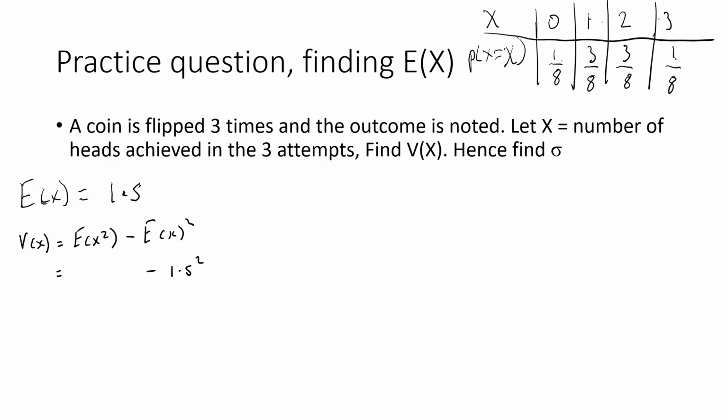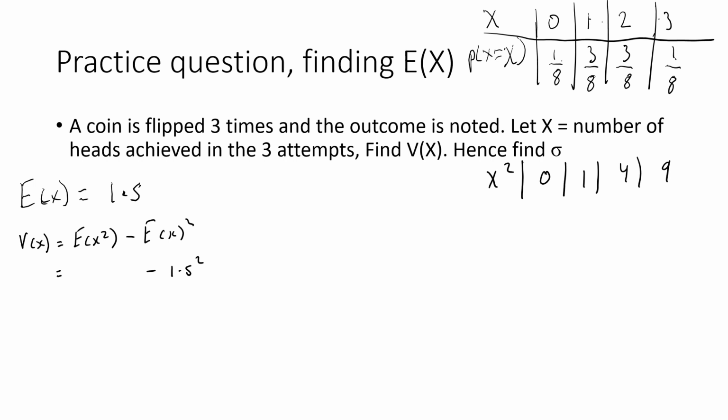Well, how we found E of x was multiplying all the x values with their probability. So to find the expected value E of x squared, we multiply all the x squared values with the probabilities. So let's get the x squared values. 0 squared is 0, 1 squared is still 1, 2 squared is 4, and 3 squared is 9.